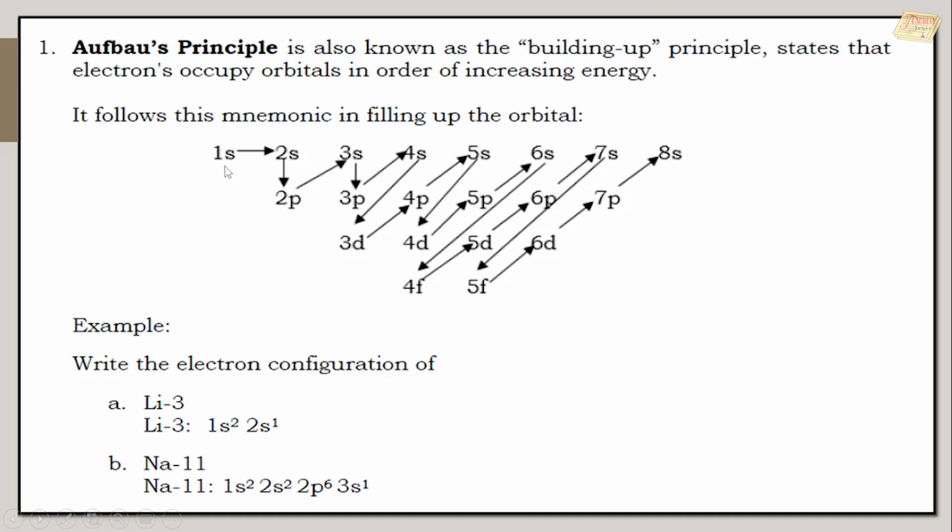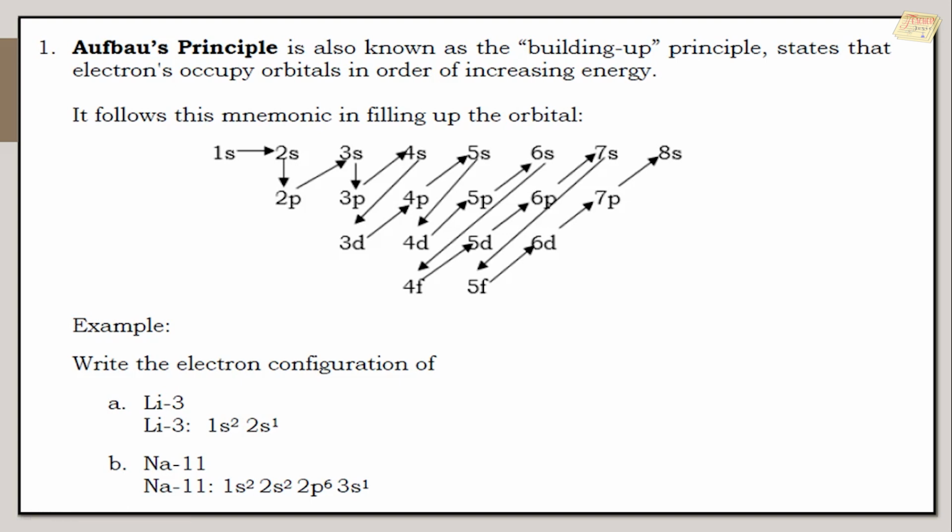First, you have the 1s, followed by 2s, then 2p, followed by 3s, down to 3p, 4s, down to 3d, 4p, 5s, 4d, 5p, 6s, down to 4f, 5d, 6p, 7s, then 5f, 6d, 7p, and 8s.